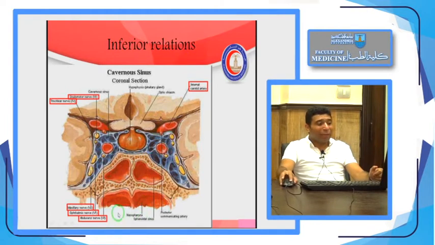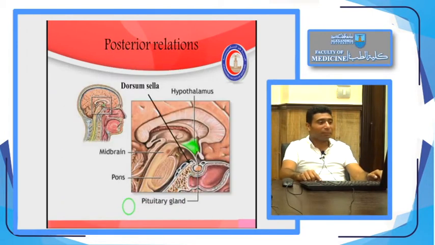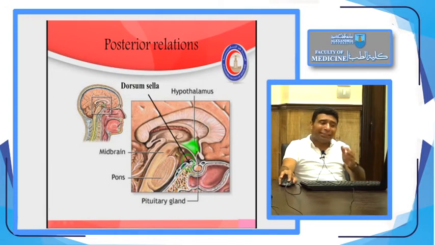Then we have the cavity of the nasopharynx. Again, the inferior relations are the intercavernous sinus, then the body of the sphenoid, then the sphenoidal air sinuses, then the cavity of the nasopharynx, from upward to downward. Posteriorly, we have a part of the body of the sphenoid called the dorsum sellae.